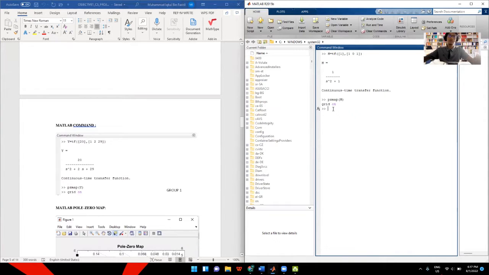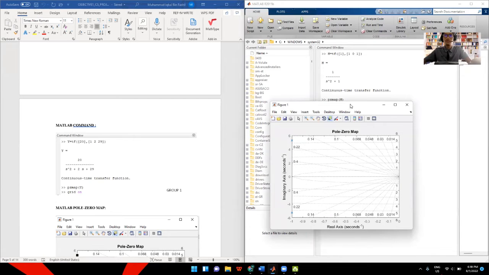We use this command, tf, 20. Sorry. So this is the pole zero map.